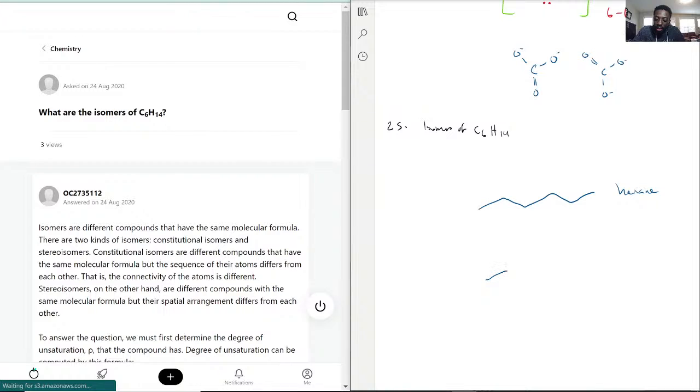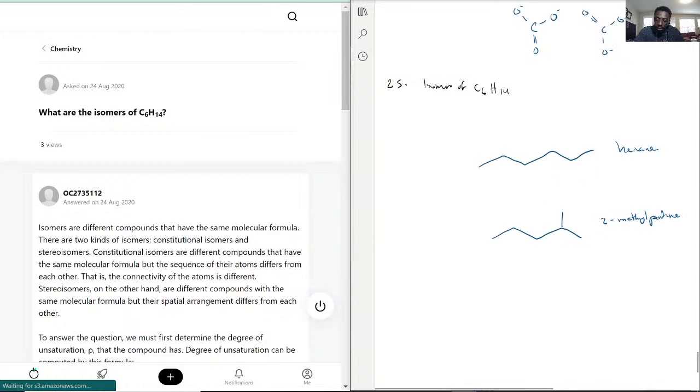We could have this, which would be 2-methylpentane.